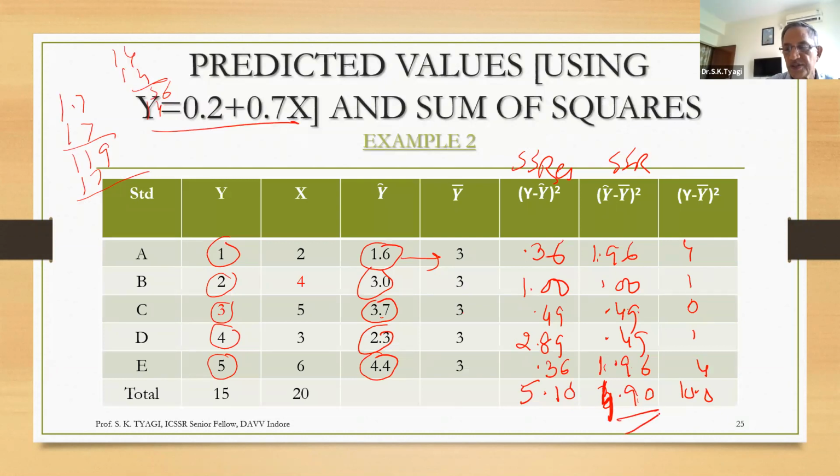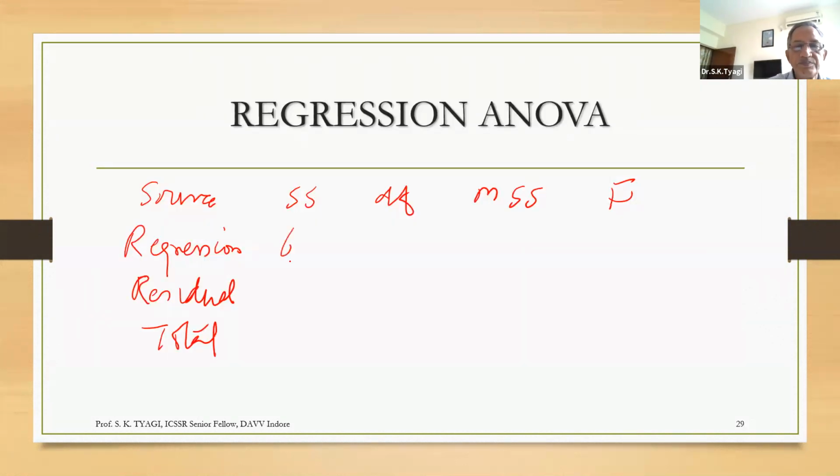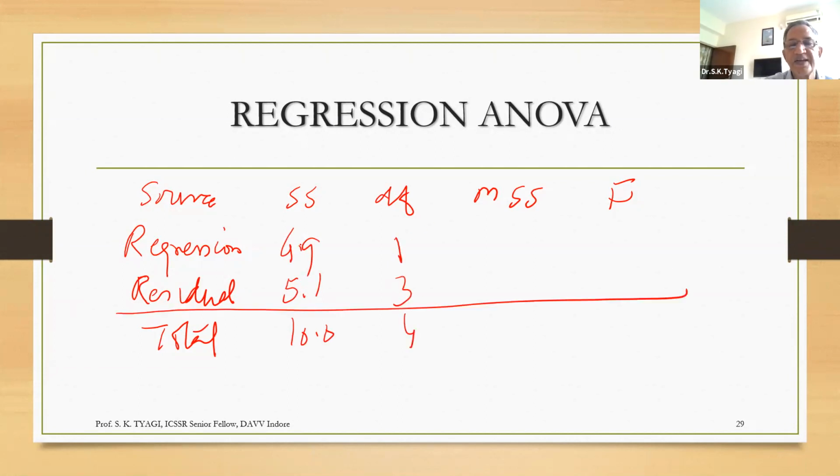It has been reduced. 4.9, 5.1, and the total is 10. Degrees of freedom are 1, 3, 4. And MSS is SS divided by DF, so 4.9 for regression, and for residual 5.1 divided by 3 is 1.7.